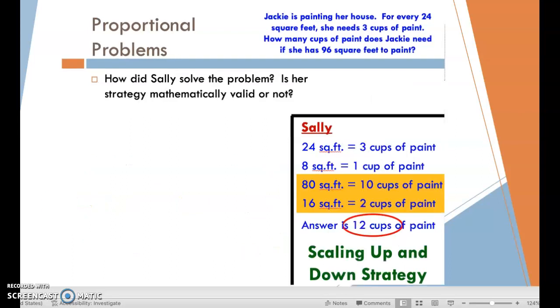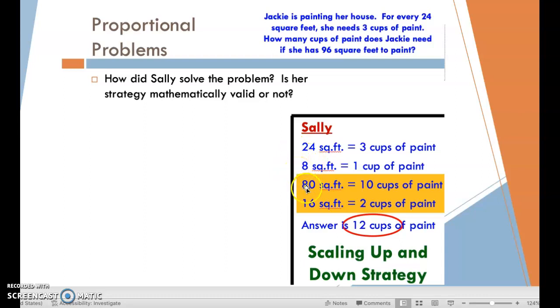How did Sally solve her problem? She used the scaling up and down strategy. So Sally started with 24 square feet equals 3 cups of paint. For every 24 square feet, Jackie needs 3 cups of paint. So 8 square feet equals 1 cup. 3 into 24 gives us 8.